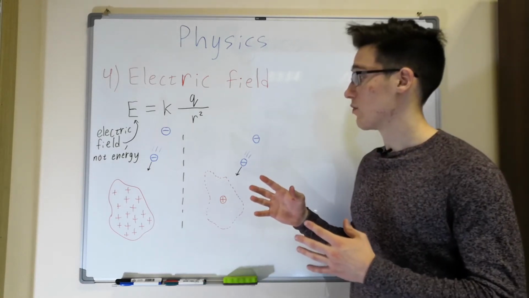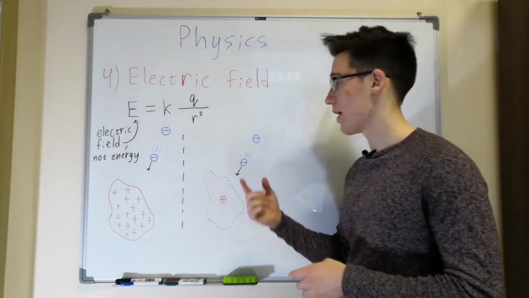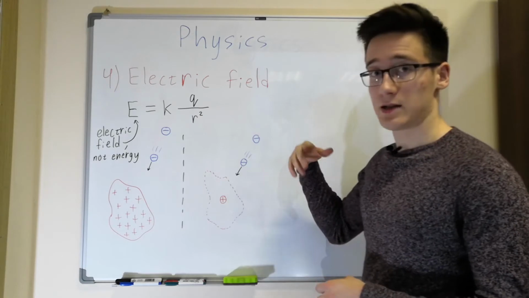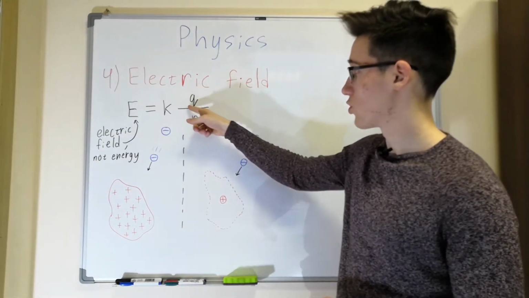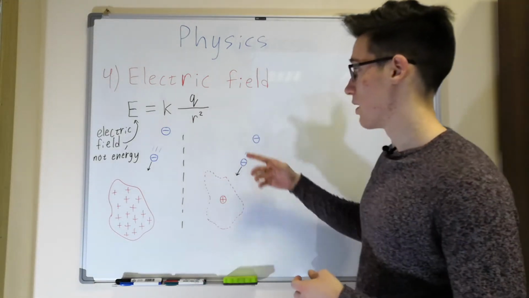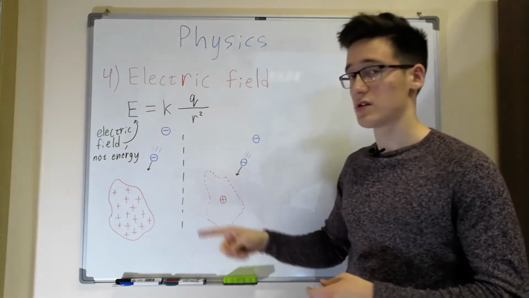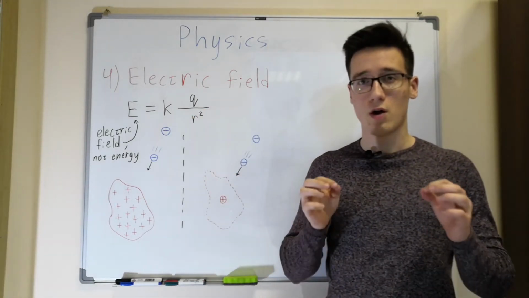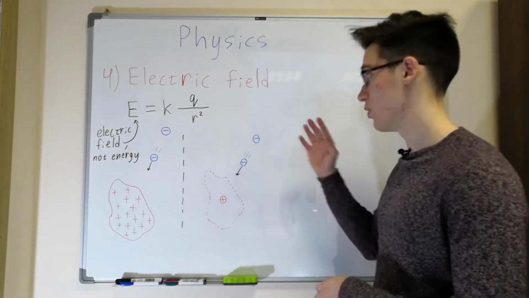They generate electric field in every point in 3D space around them, and this electric field at any of those points is proportional to the charge of the body generating the electric field, and is inversely proportional to the square of the distance between the center of this charged body and the point in space where we measure it.